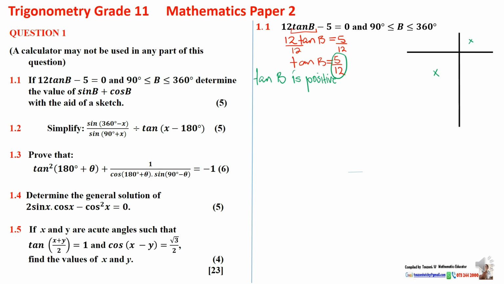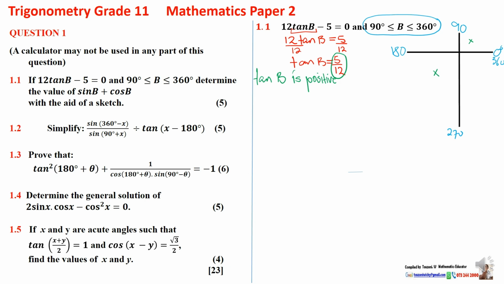The second one, we are told that the angle B is between 90 and 360. The measurement of angles on our grid: there is 0 degrees, there is 90 degrees, then 180 degrees, then 270 degrees, and there is 360 degrees when we go back to 0.